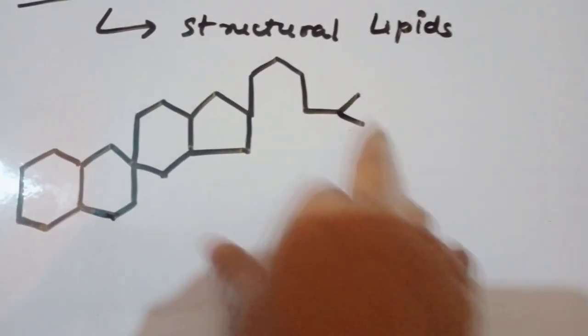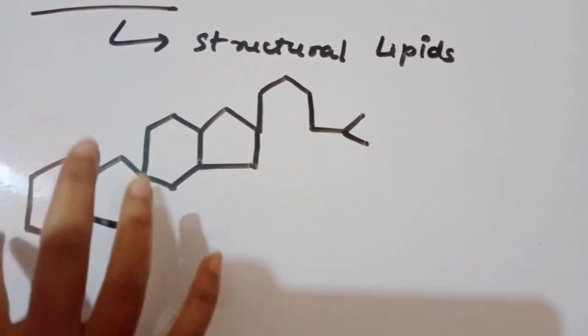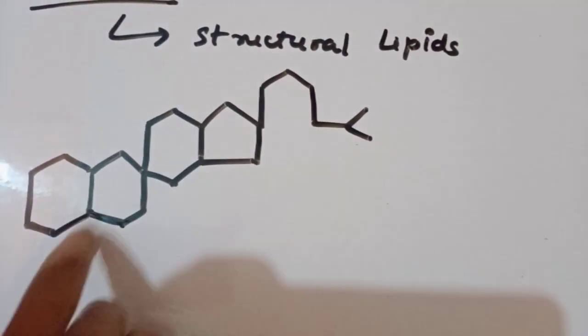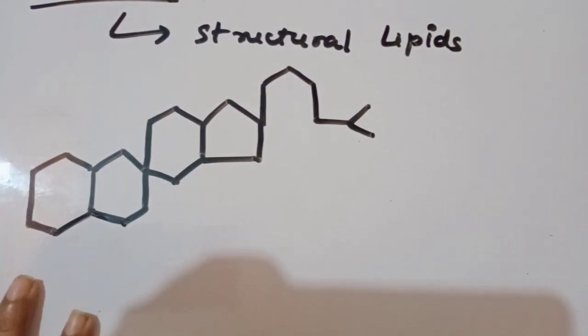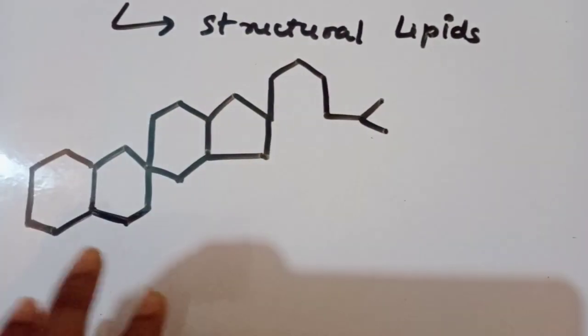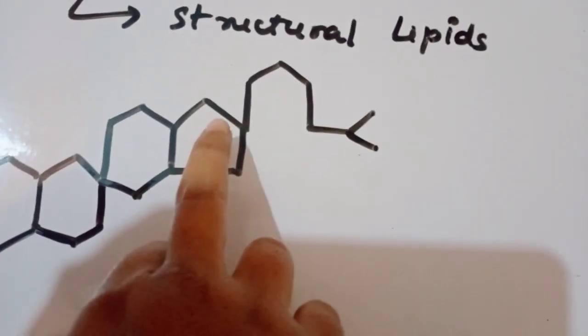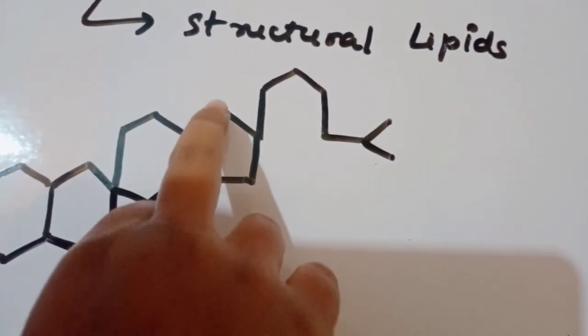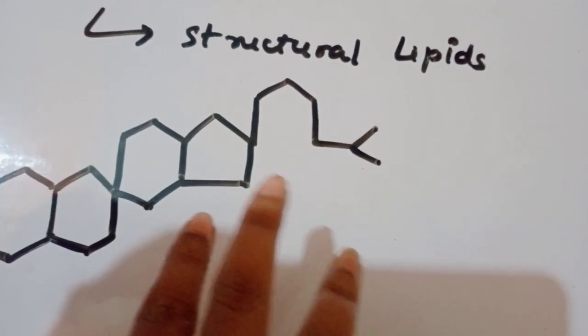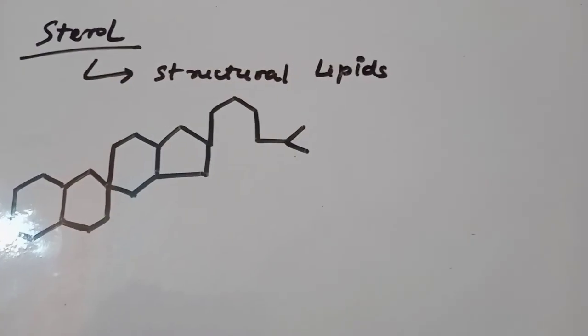If we see this diagram of sterol, these are 6-carbon rings, 3 rings which are fused, and one ring is of 5 carbons. This is the structure of sterol.